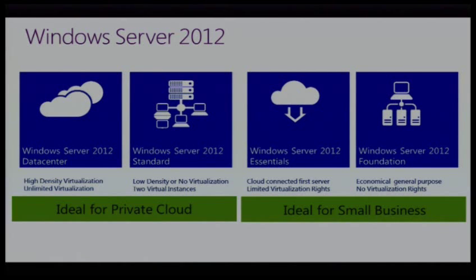And finally, Windows Server 2012 Foundation is an economical, general-purpose server for physical computing environments only. It provides customers with a Windows Server experience for up to 15 users. The licensing for Foundation will continue to be a server model with no CAL requirements.